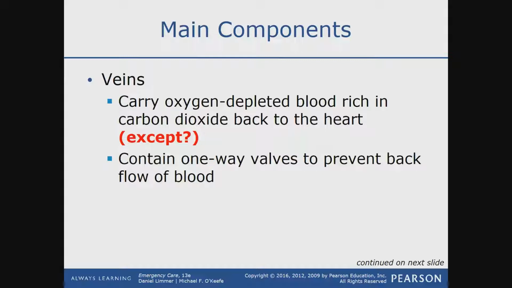The only vein that does not carry oxygen-poor blood is the vein that travels from the lungs to the left side of the heart, because that blood is coming from the lungs, which already has oxygen, because it went to the lungs to get oxygen. When it leaves the lungs, it goes to the left side of the heart, full of oxygen, to then be pumped to your body and the tissues of your body.